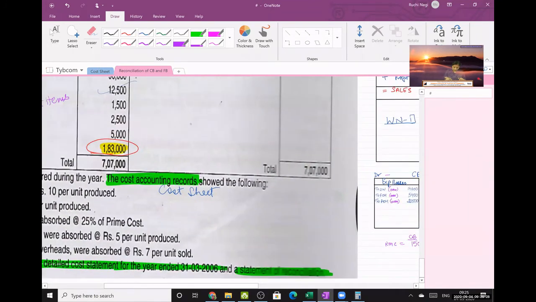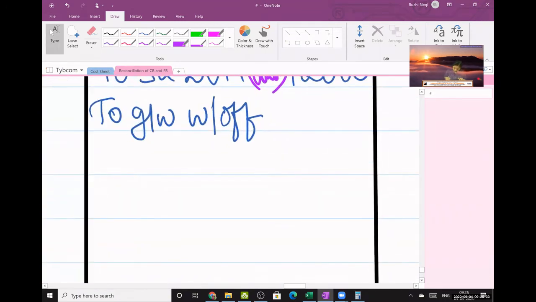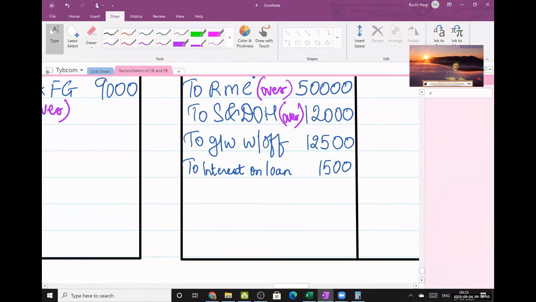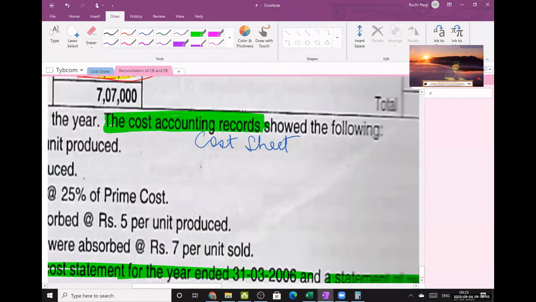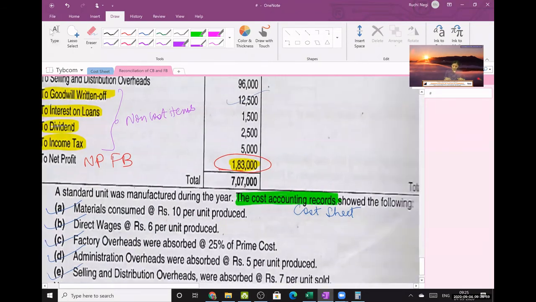Interest on loan 1,500. Next. Dividend 2,500 and income tax 5,000.